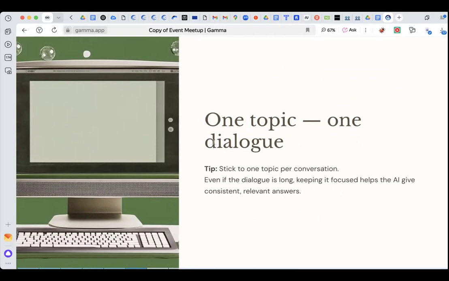If the dialogue is long, you may use some phrases that connect your prompt with the part of the dialogue, and it will be better for the AI in understanding what you want and what answer you want to have. So that is the end of the theory part, I guess.